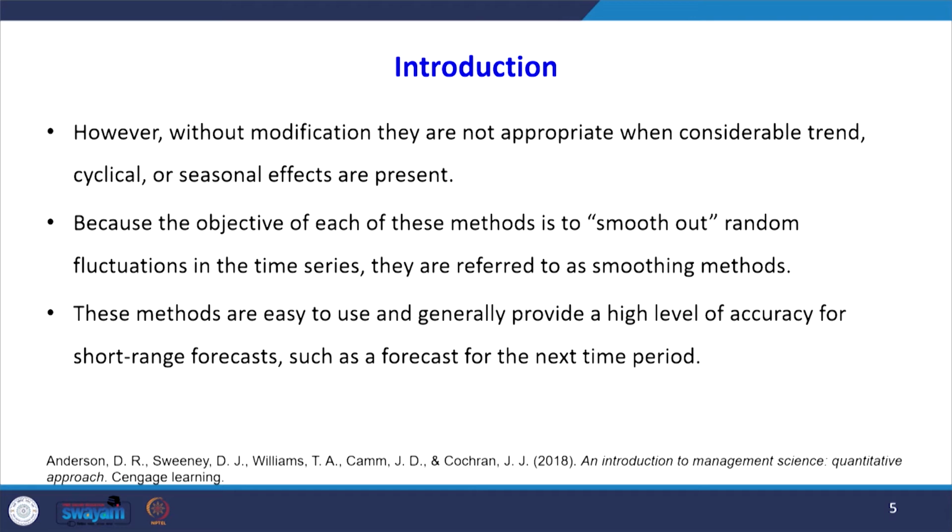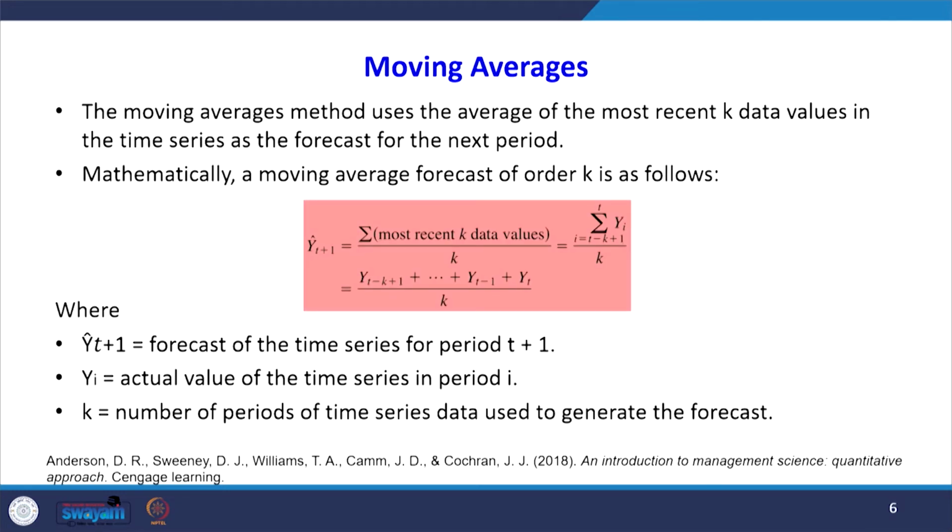They are referred to as smoothing methods. If there is any trend, these methods are not suitable. These methods are also easy to use and generally provide a high level of accuracy for short range forecasts, such as the forecast for the next time period.